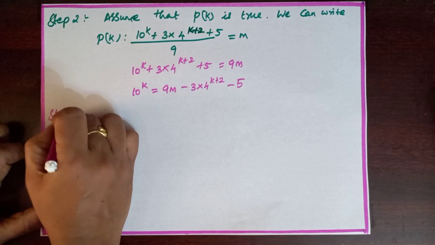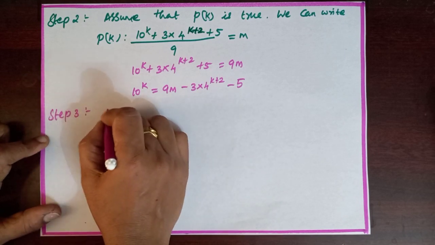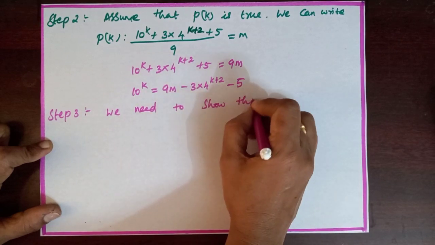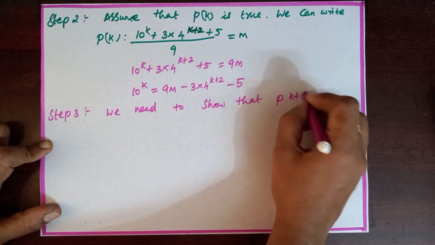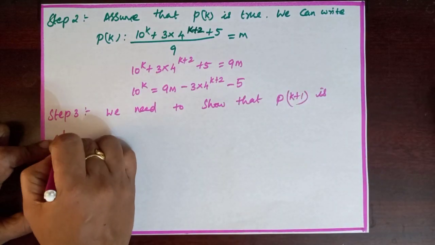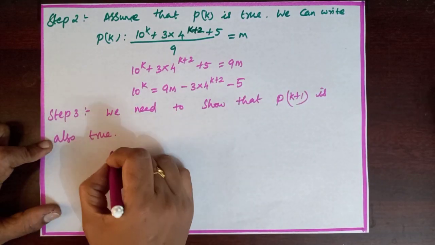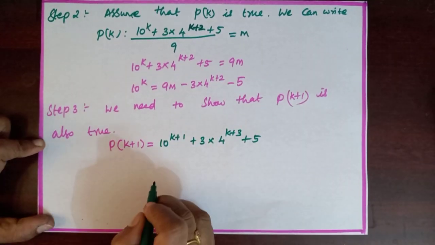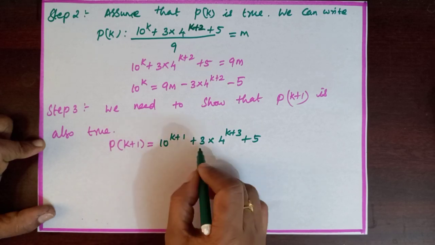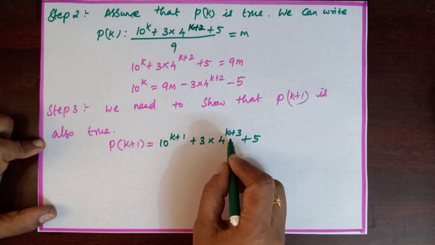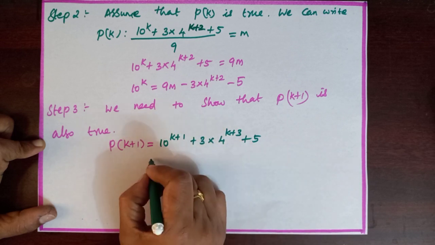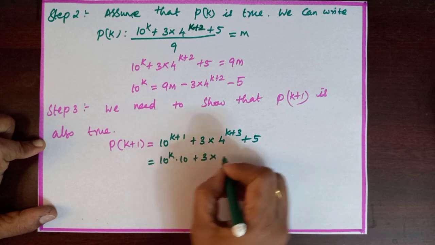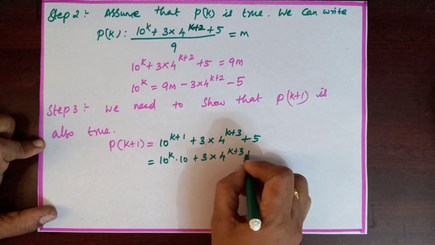Next, step 3. We need to show that P of k plus 1 is also true. Then P of k plus 1 is equal to 10 power k plus 1 plus 3 into 4 power k plus 3 plus 5. 10 power k plus 1 can be written as 10 power k into 10, plus 3 into 4 power k plus 3 plus 5.